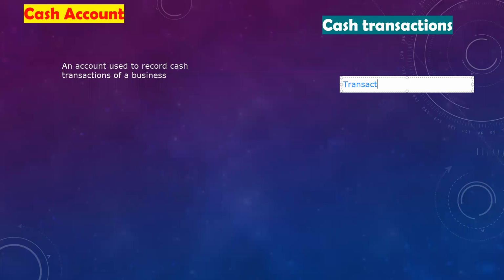Transactions that make a movement in cash. Cash means money, right?